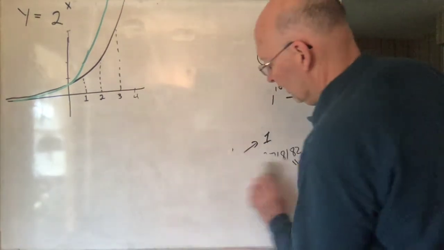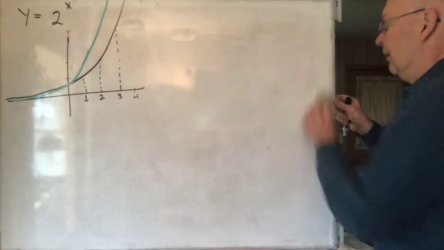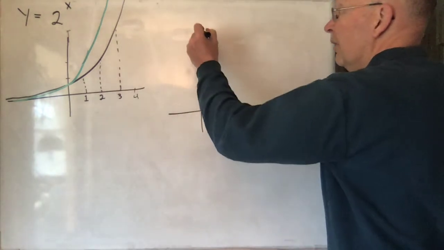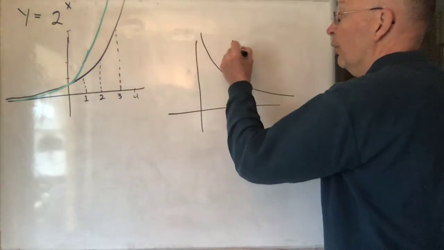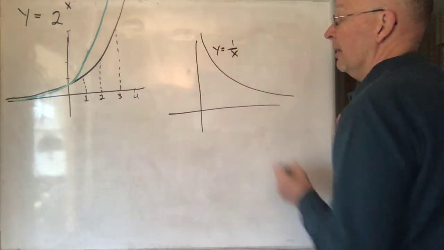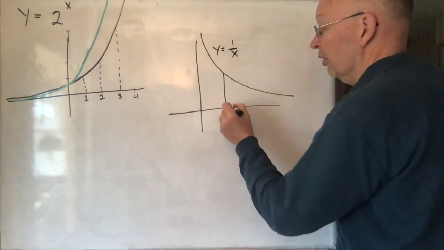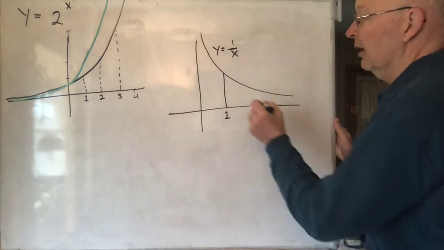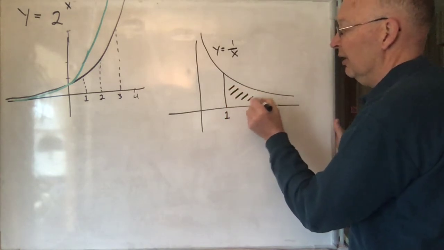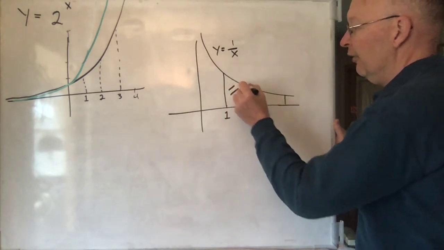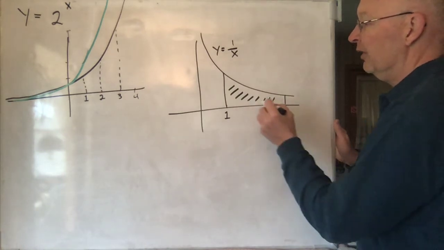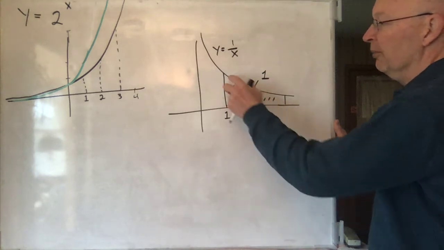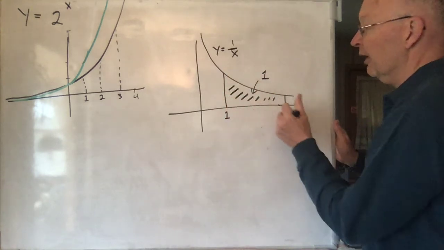Here's another place where e shows up. If you take the graph of 1 over x, remember what 1 over x looks like? And if you start at 1 right here, and you ask, how far do I need to go in this direction before the total area underneath this graph is equal to 1?